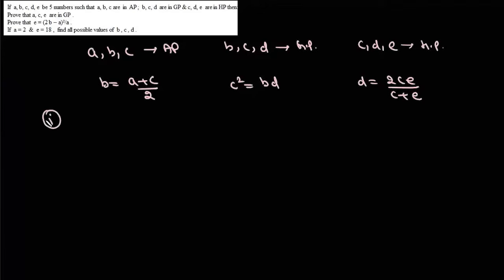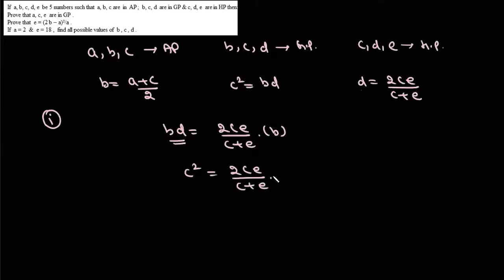Now first we have to prove that A, C and E are in GP. So for this first one, we have to relate A, C and E. So for this, what we'll do is take this third one and multiply it with B. So we'll get BD equals twice CE upon C plus E into B. Now B into D is C square. So it will be C square and then 2CE upon C plus E, and this B is A plus C by 2.